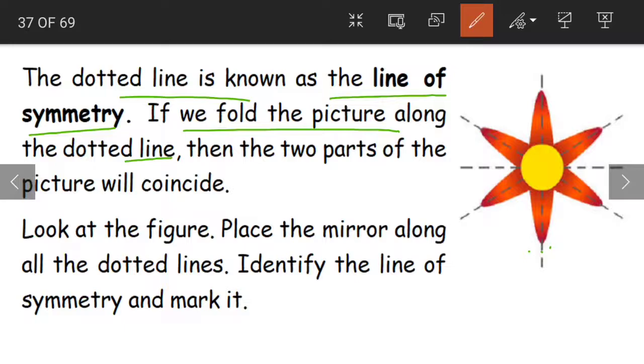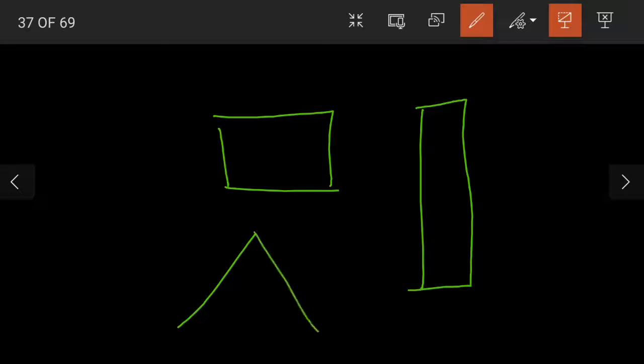Now again, this is an activity which you can try out, children. Draw a shape like a flower or a square or a rectangle, or even a triangle. First, draw the shape on a piece of paper and cut the paper according to the shape you have drawn.